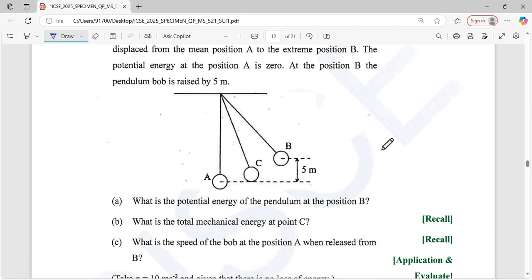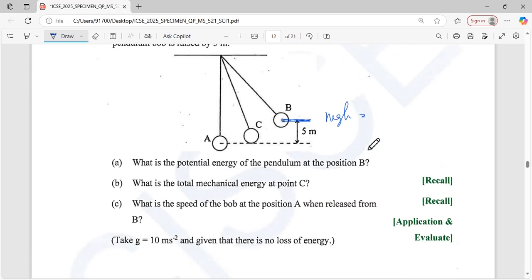What is the potential energy of the pendulum at position B? The potential energy formula is mgh. Here the bob mass is 200 gram, converted to kg. Consider g as 10, and h is 5.